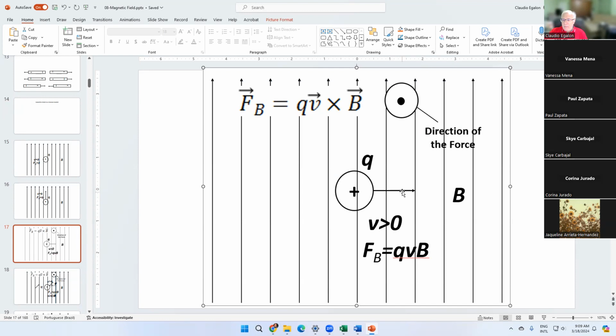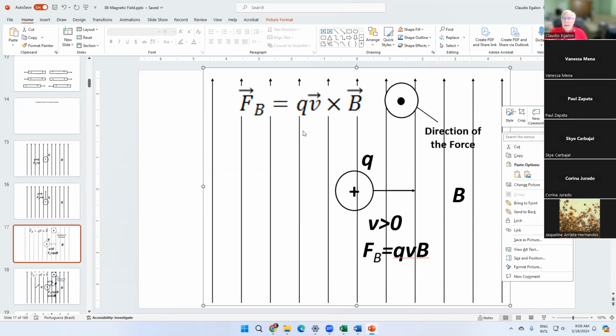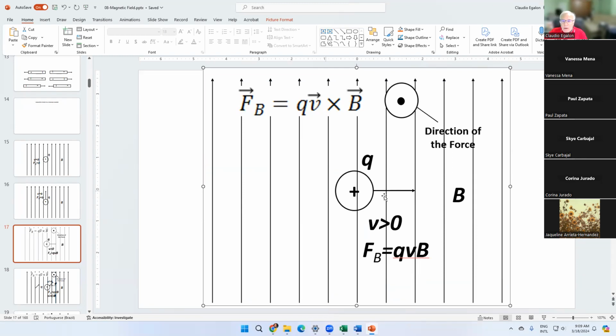And notice here, this is the velocity vector. For some reason I cannot edit this image.